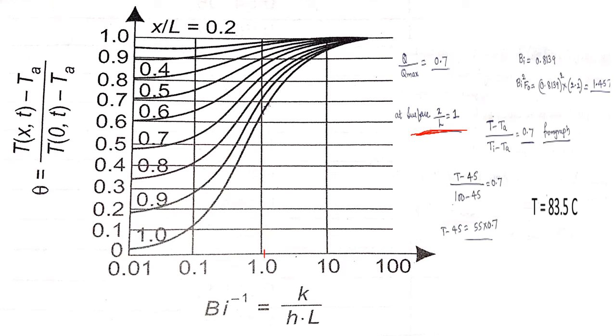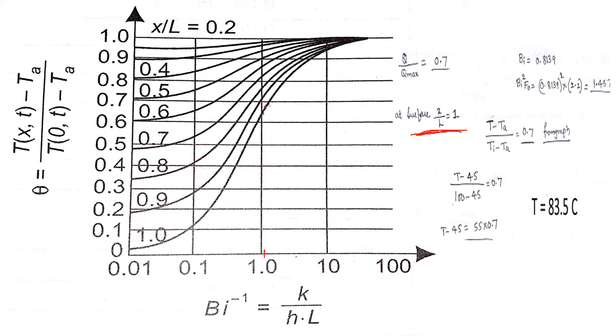So x divided by L is equal to 1. Where this graph will intersect x equals 1, it will be somewhere nearer to here. If we come straight up here, this graph will intersect at this point.